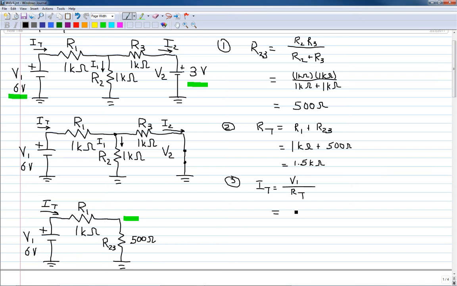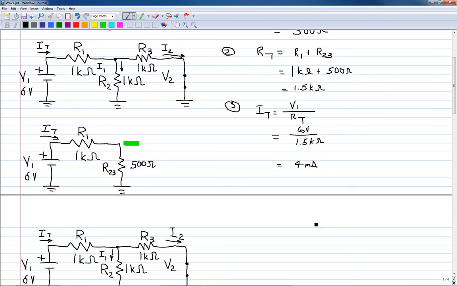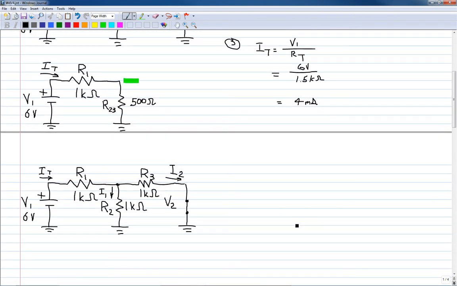This is 6 volts divided by 1.5k ohms, which yields 4 milliamps due to V1.